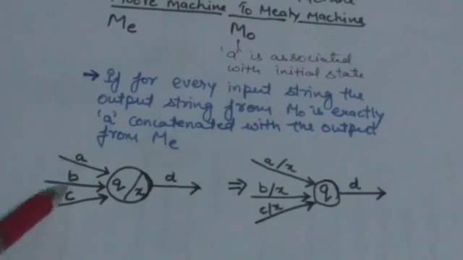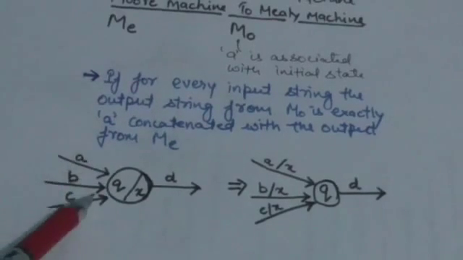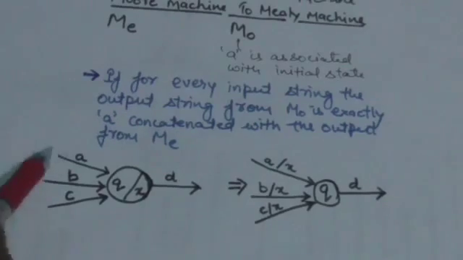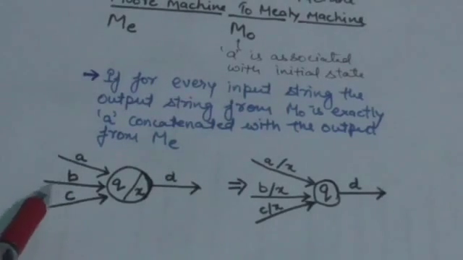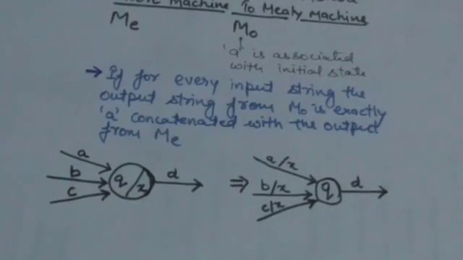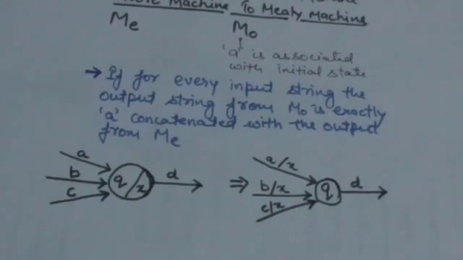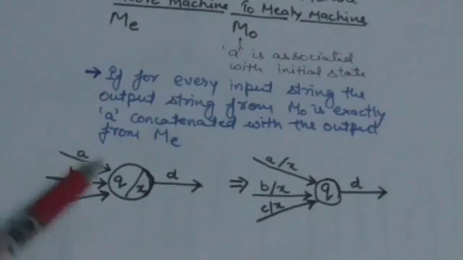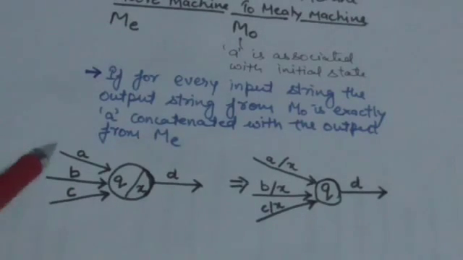Now look at these incoming edges. These incoming edges represent transitions to this state, from some different states to this state. From which states these transitions are, those states I have not mentioned in this diagram.